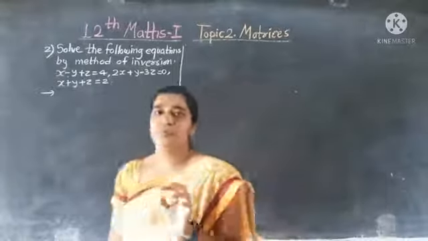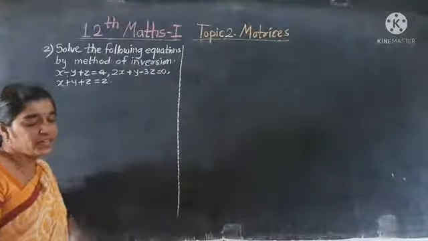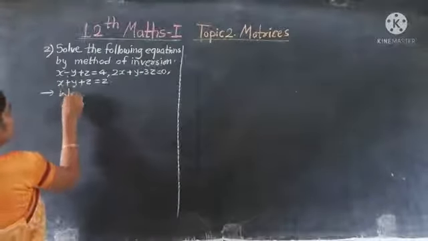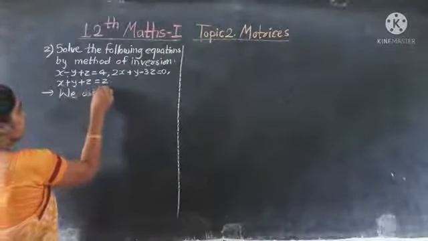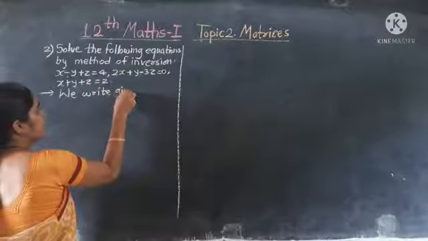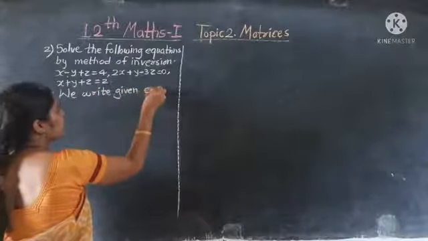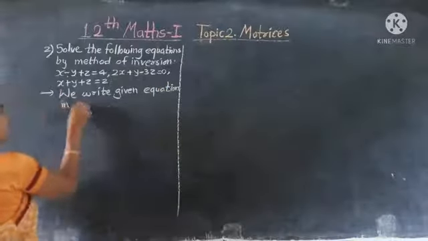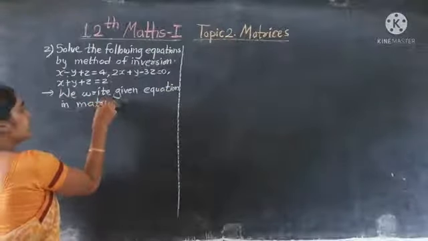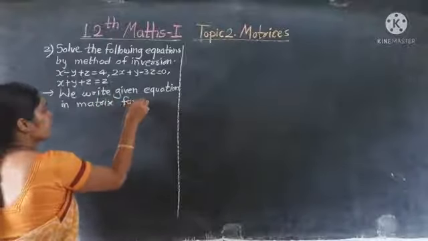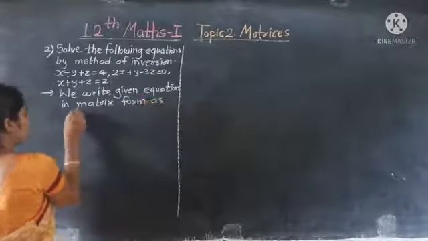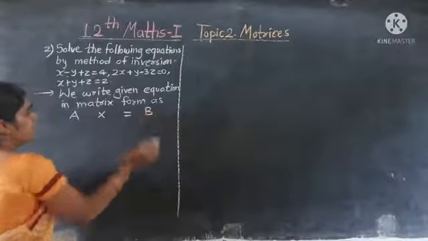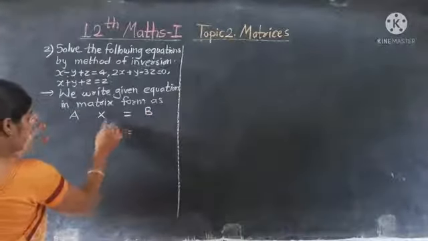So here you write the given equation in matrix form as Ax is equal to B. Okay. See, x means variables.